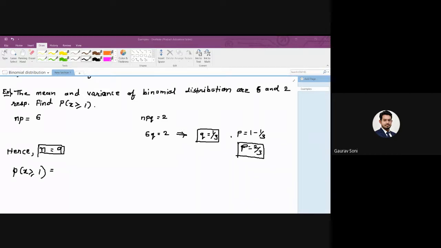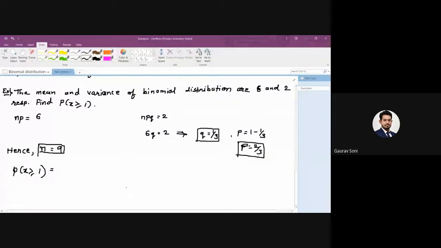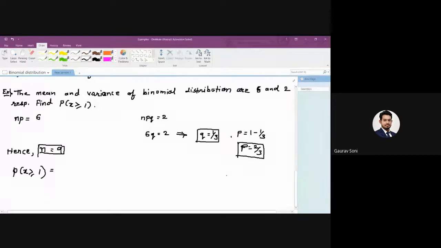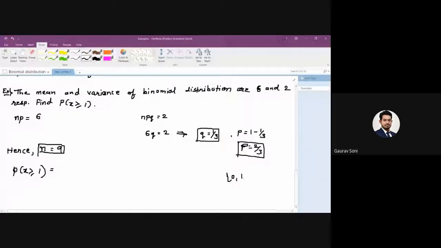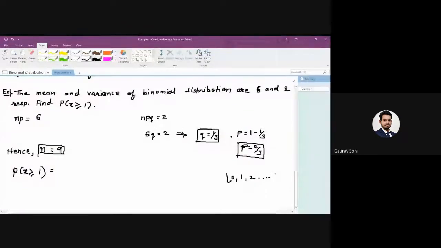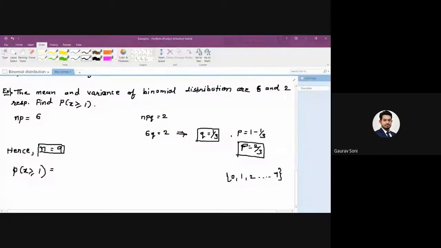What is the total probability for all the random variables? What is the range set of the random variable over here? That will be 0, 1, 2, up to 9. So all the probability is distributed between these values.